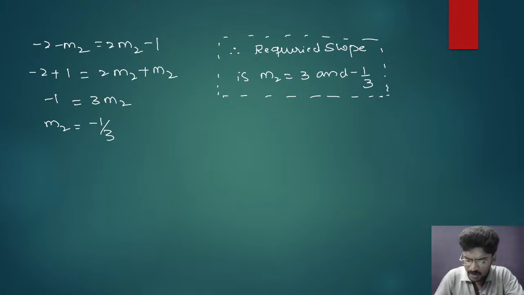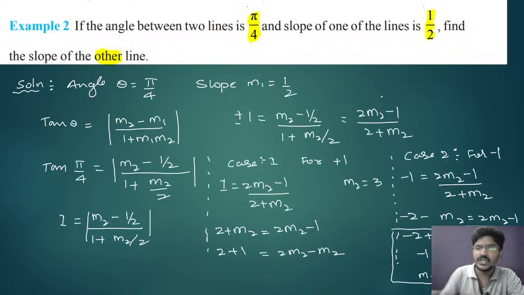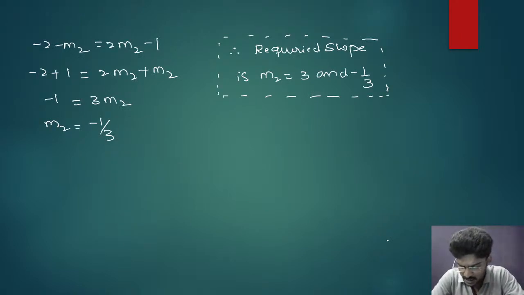So quickly tell me, all of you, have you understood this? I have written this part on the next page so that you can take it, no problem. Quickly tell me, did all of you understand this problem? We have to finish this class. So in this class I have done the angle between two lines.